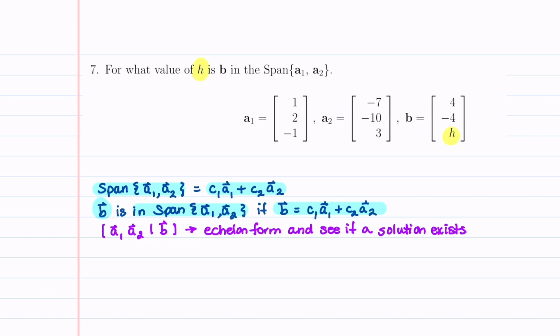In other words, if b is equal to c1 a1 plus c2 a2. What we're going to have to do to solve this problem is take a1, a2 and augment it with b. That comes from this equation right here. And we're going to put that in echelon form, and we're going to see if a solution exists.